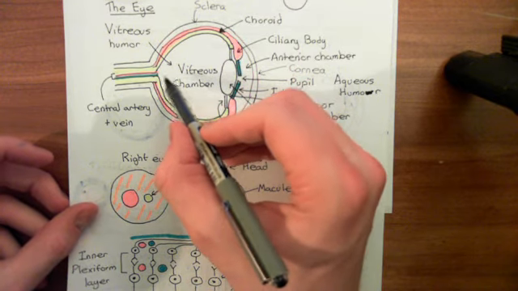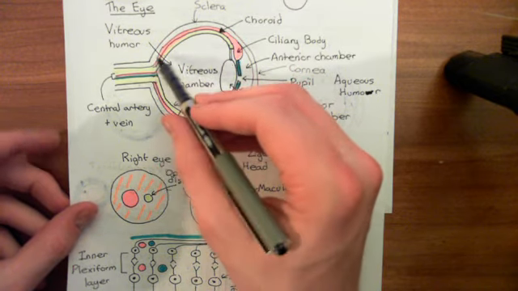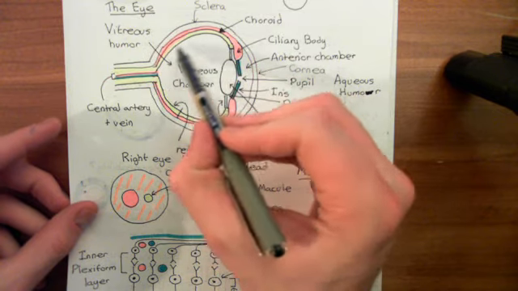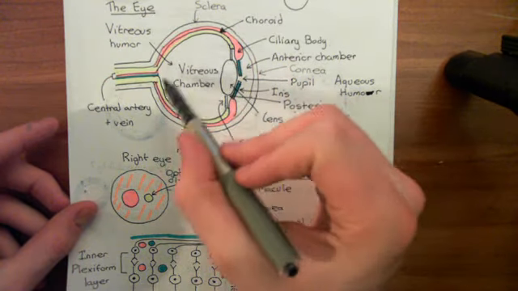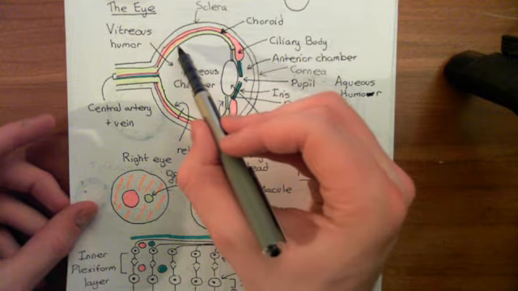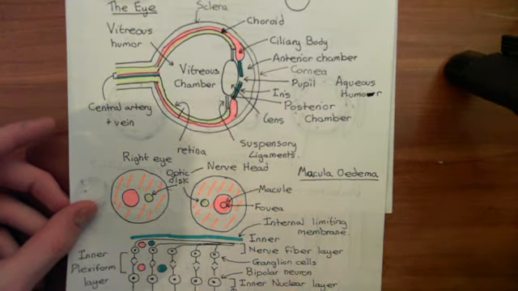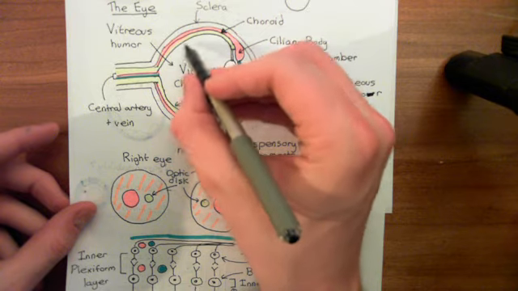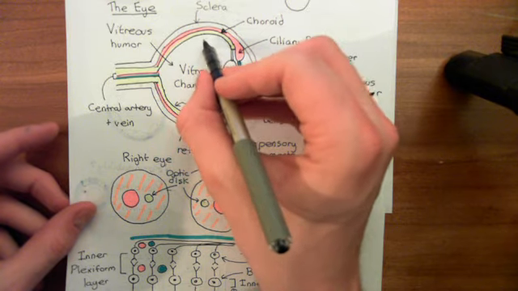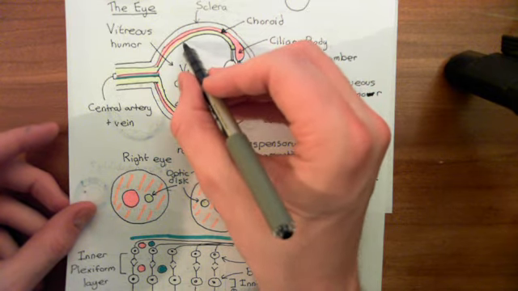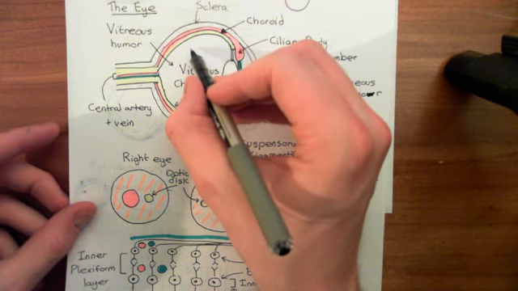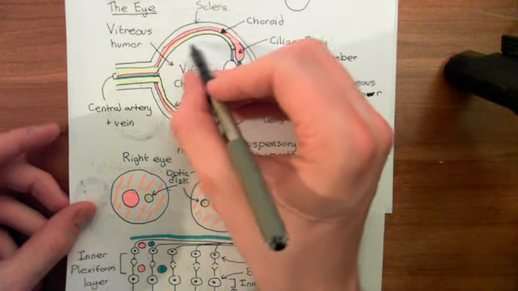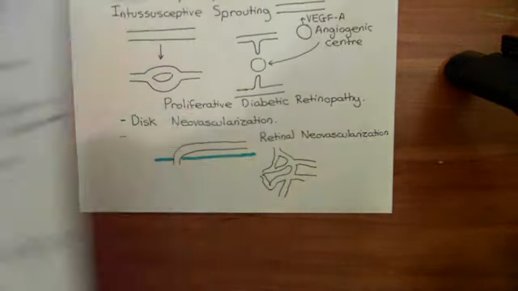So basically, usually the vitreous humor, which remember is this huge piece of jelly that sits in the vitreous chamber, is pressed against the internal limiting membrane. So basically you're forming all of these new blood vessels, this mesh of blood vessels between the internal limiting membrane and the vitreous humor, basically in that potential plane between the two.